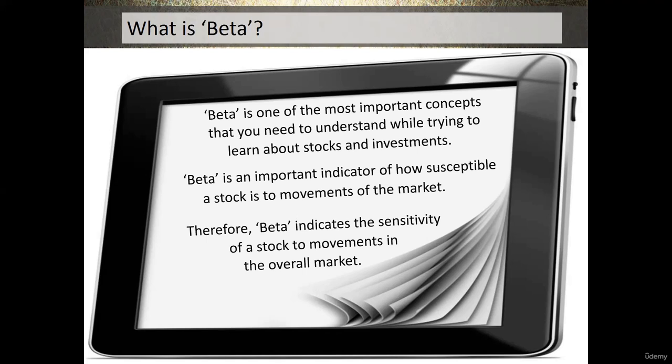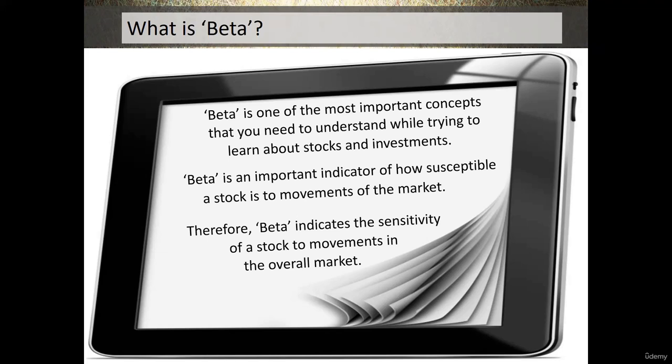So beta tells me how sensitive a stock is with respect to the movements in the economy, the sector, or the overall market in which it is working. Let's say the overall automobile industry starts falling and falls by 10%.